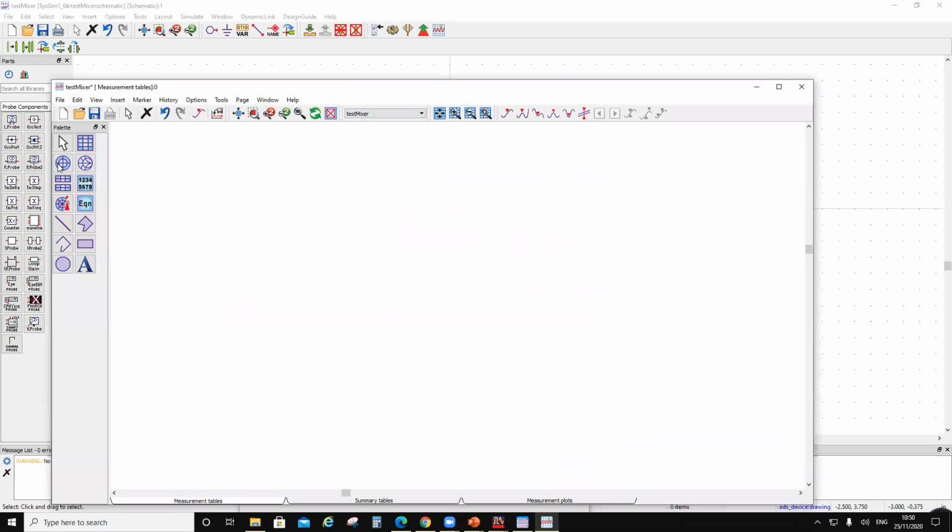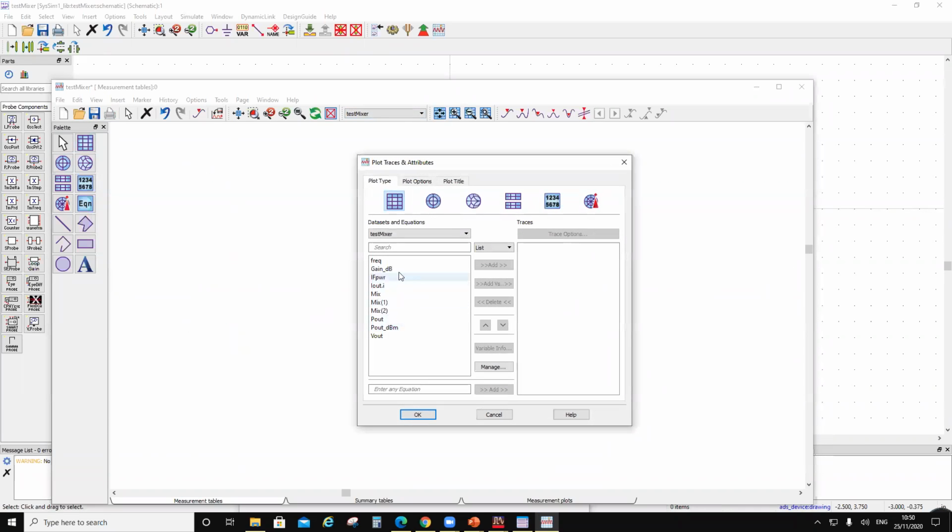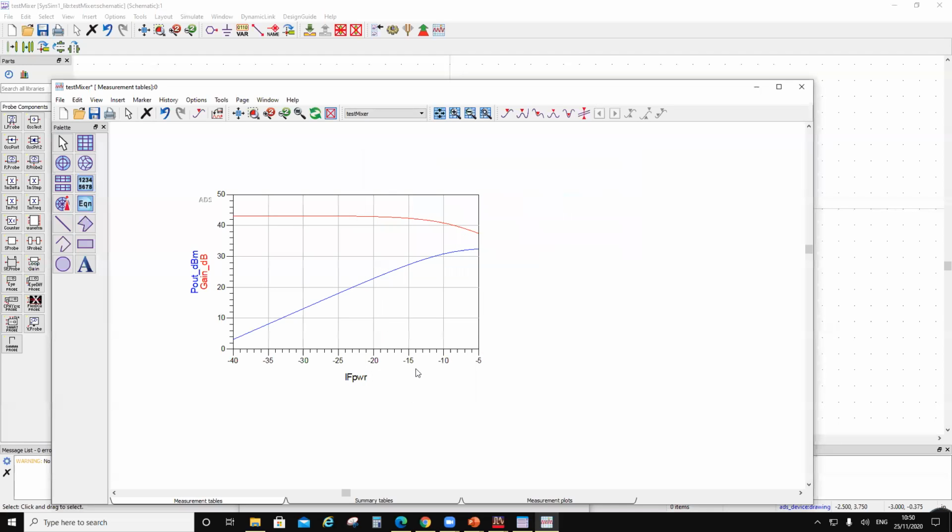I am looking at gain and I'm looking at P out. So is it delivering 31? Let's see. We start at 43.1. I'm going to look at 42.1. Okay, still it's delivering 28.